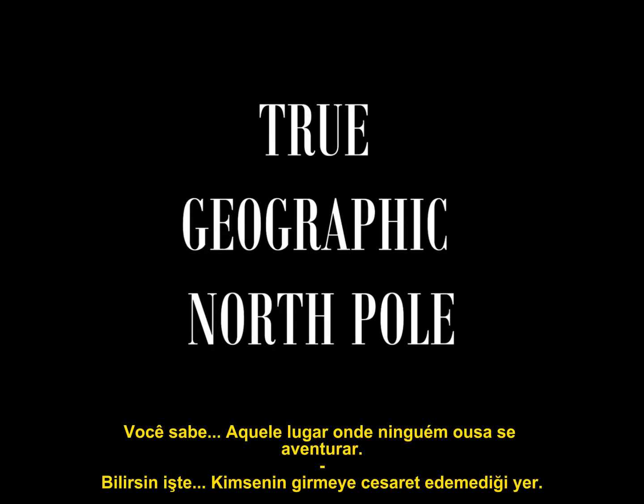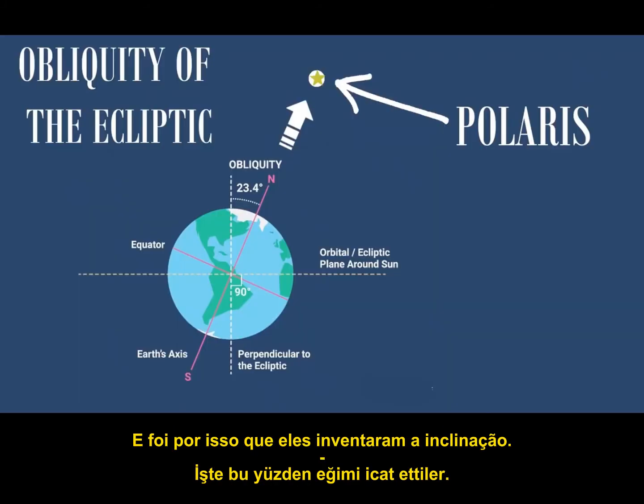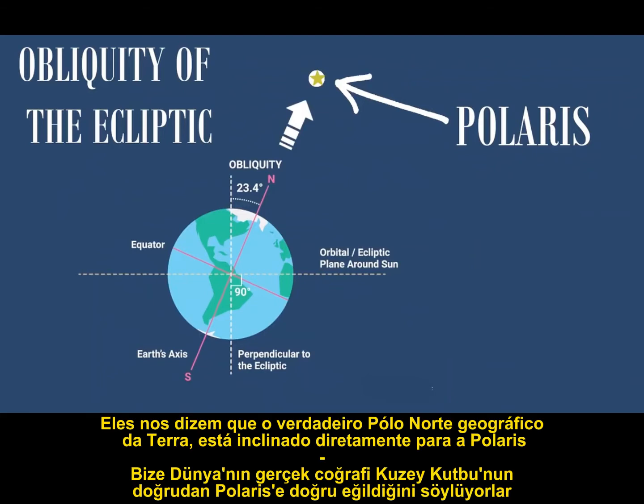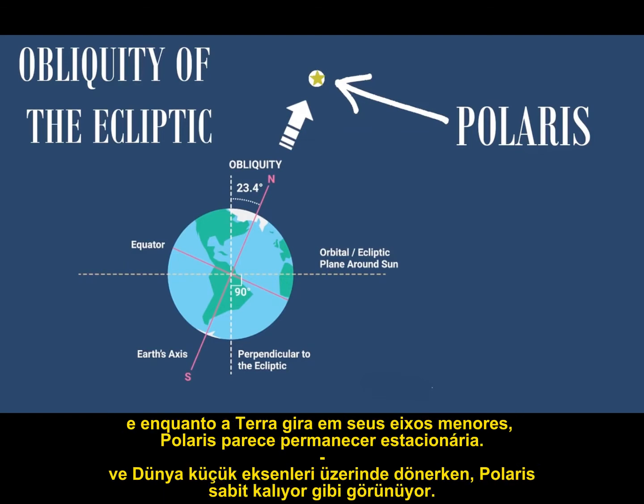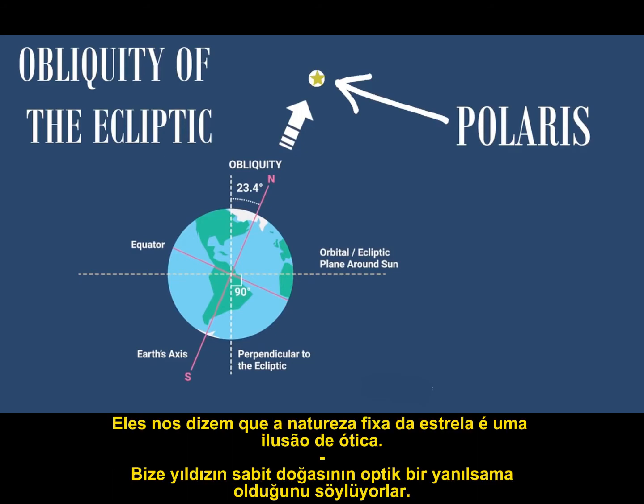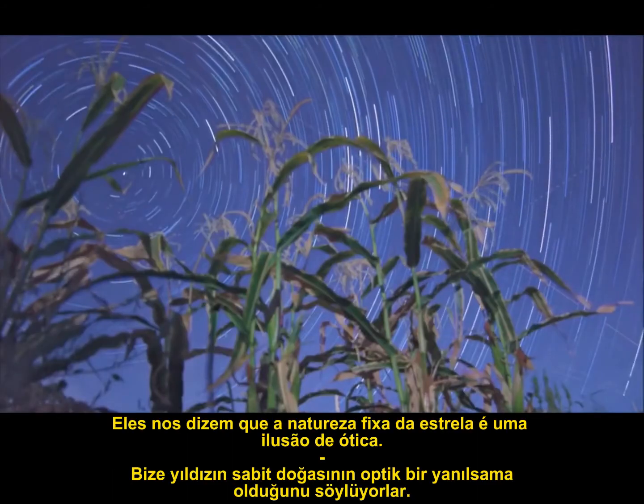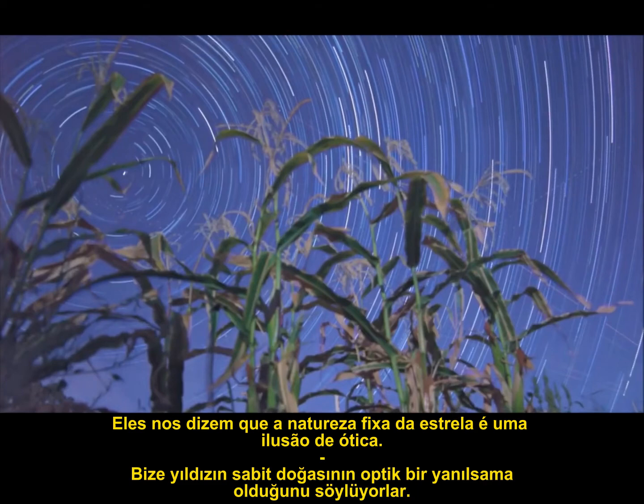You know, that place where no one ventures. And that's why they invented the tilt. They tell us that Earth's true geographic North Pole is tilting directly at Polaris, and as the Earth spins on its little axis, Polaris appears to remain fixed. They tell us that the star's steadfast nature is an optical illusion.